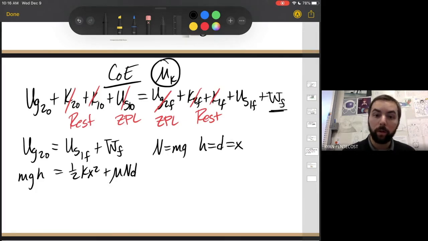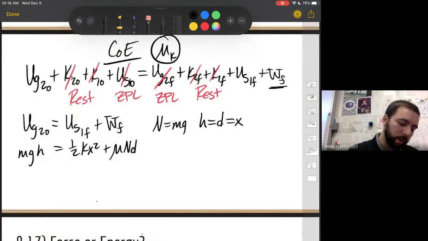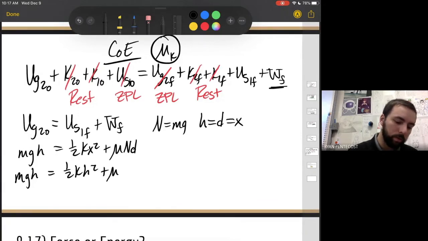So you can just call them all h if you'd like. So let's rewrite this. We have mgh equals 1/2 kh squared plus mu mgh. And we were solving for mu. Let's see, an h can get on out of there. So we'll get rid of that.